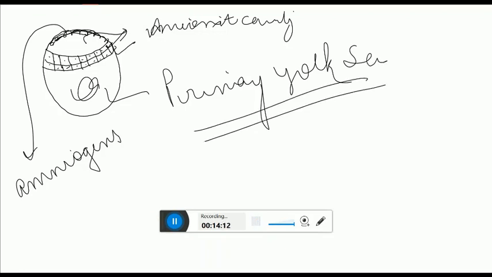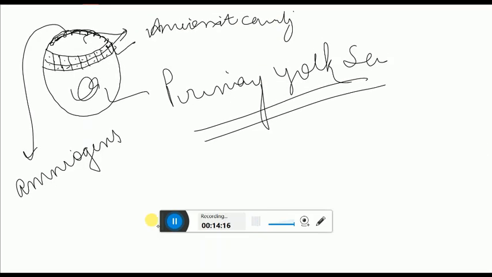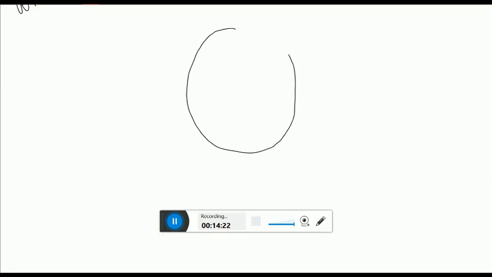So now we are going to study what's happening here. This was an epiblast, this was a hypoblast. This is a cross section.